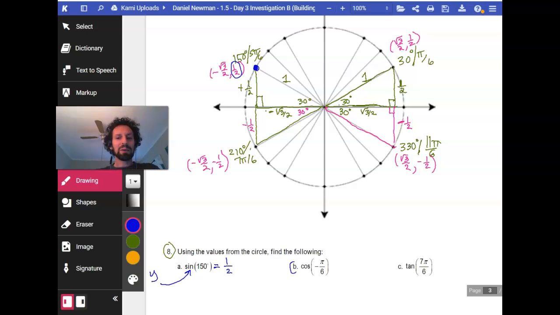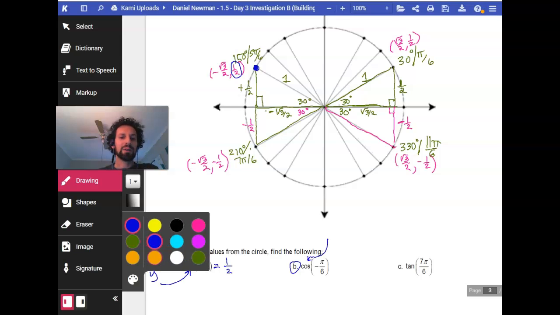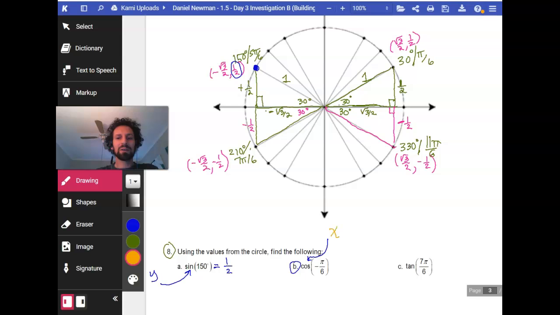Going on to the next problem, the cosine of negative pi over 6 means, since we're dealing with cosine, this time we're dealing with the x-coordinate. For this angle right here, negative pi over 6, we just need to locate the angle. Negative pi over 6 is coterminal with 11 pi over 6.